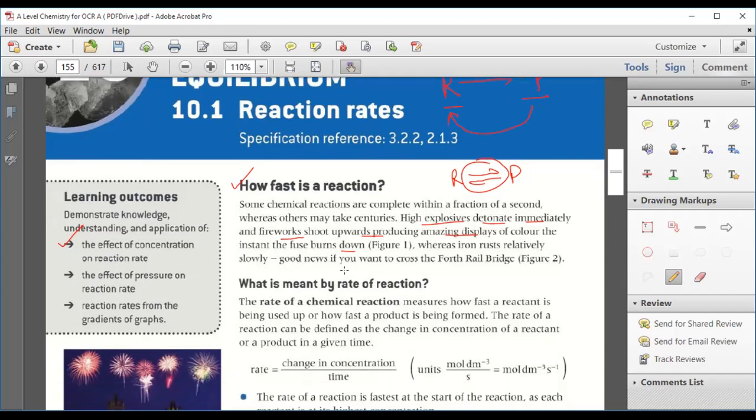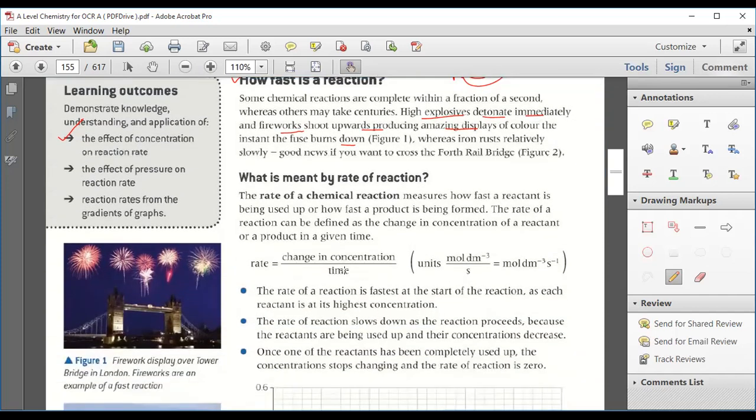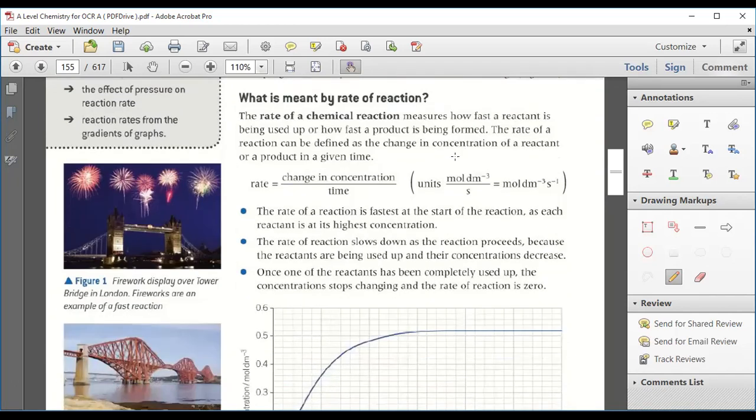So there are many things which work immediately. For example, fireworks over the Tower Bridge in London. These are examples of very fast reactions. Whereas rusting is relatively a slow reaction. If you want to cross the Forth Rail Bridge, it will not rust away because rusting is a very slow process.